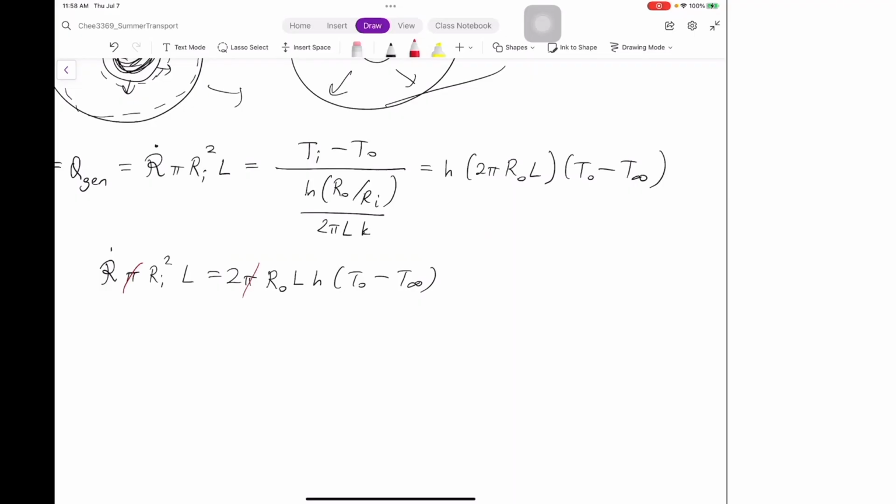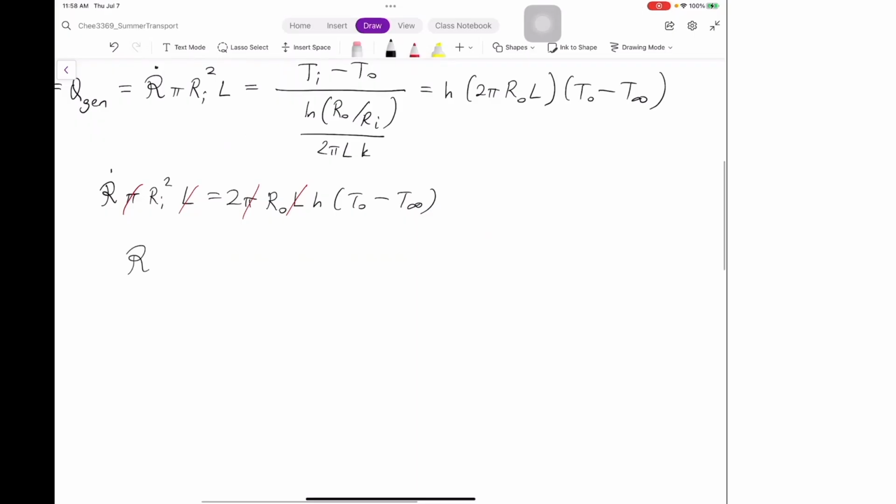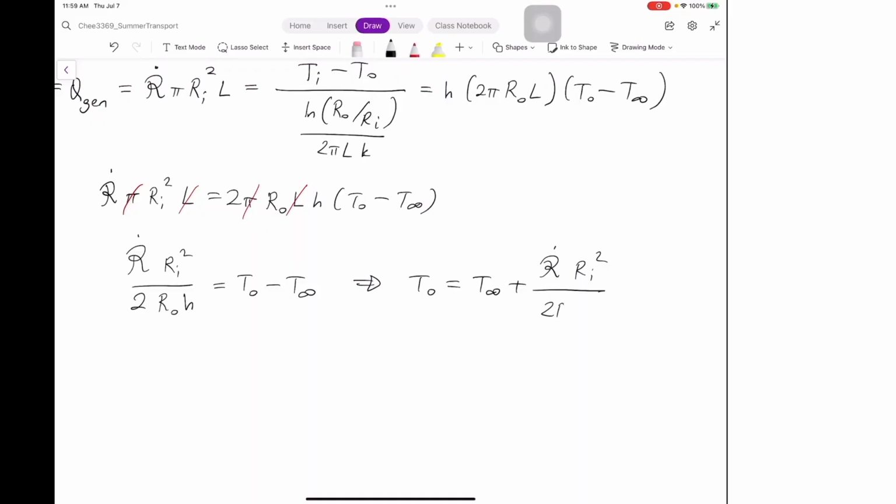Pi's and L's cancel. The generation rate times Ri squared divided by 2 Ro h is equal to T out minus T infinity. From here, you solve for T out, which is T infinity plus the generation rate times Ri squared over 2 Ro h.